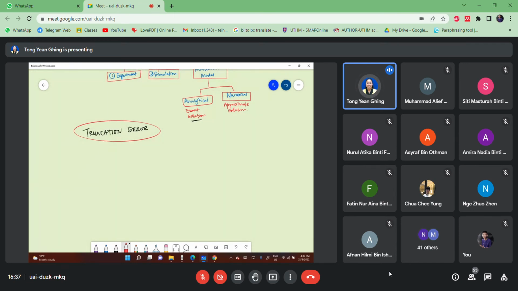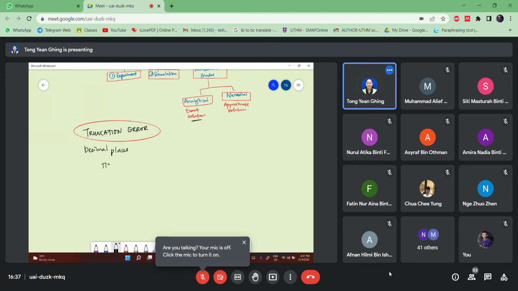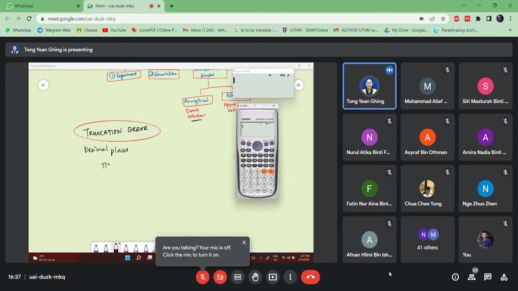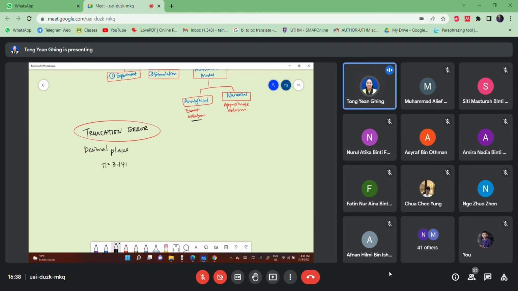Okay, so normally you learn, from before, you are used to decimal places, right? Decimal places, let's say pi. Pi on the calculator, shift pi. Let's say the answer of shift pi is 3.14159265.